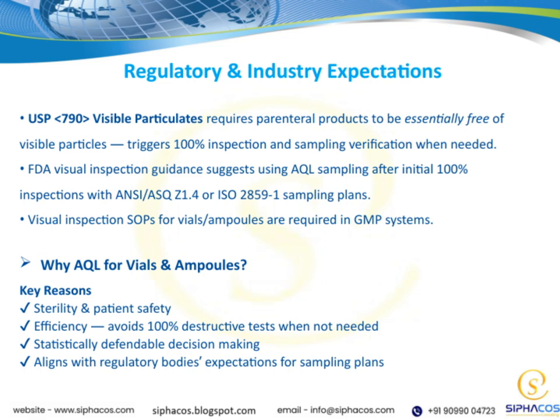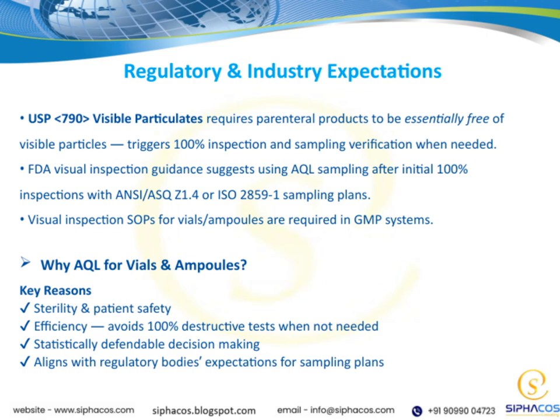The FDA also provides guidance on visual inspection, recommending that after an initial full inspection, we use AQL sampling plans, such as ANSI ASQ Z14 or ISO 28591, to verify quality efficiently. Additionally, having clear visual inspection SOPs for vials and ampules is a must within GMP systems. These procedures help maintain consistency and compliance across manufacturing processes.